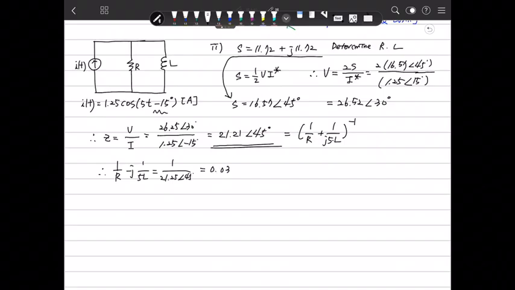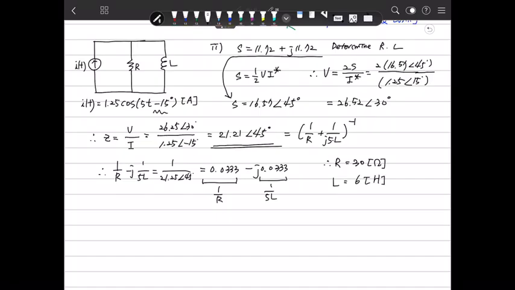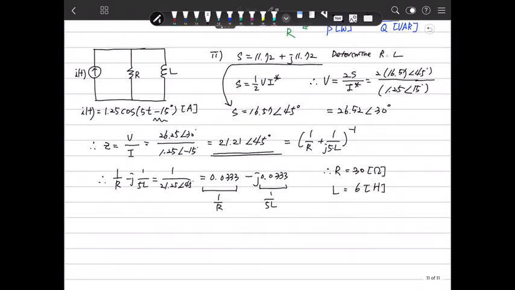That will be 0.0333 minus j0.0333. This is 1 over R and this is 1 over 5L. Therefore, R is 30 ohm and L is 6 henry. So this is a way to calculate complex power, or in reverse, from the complex power we can design the impedance R and L.